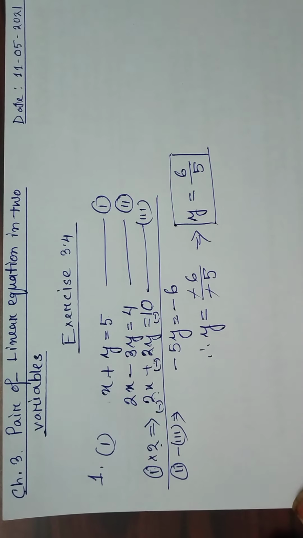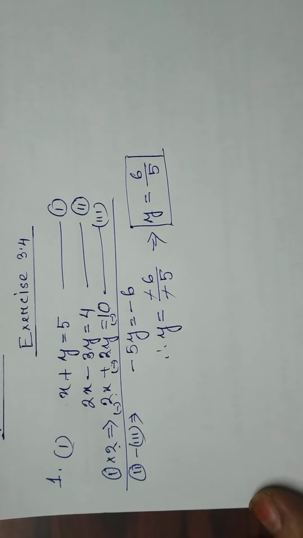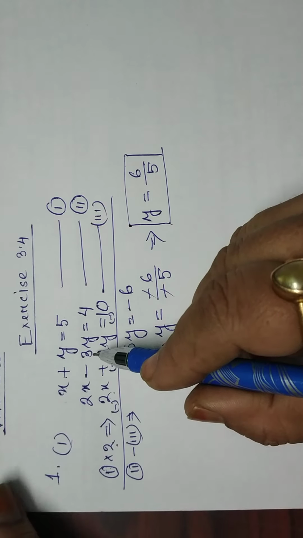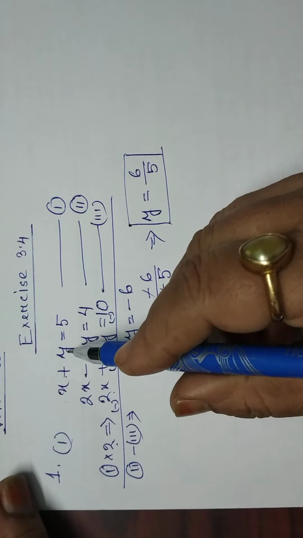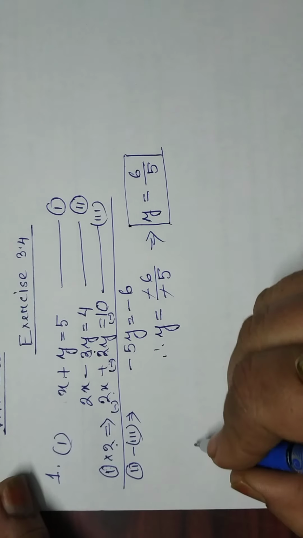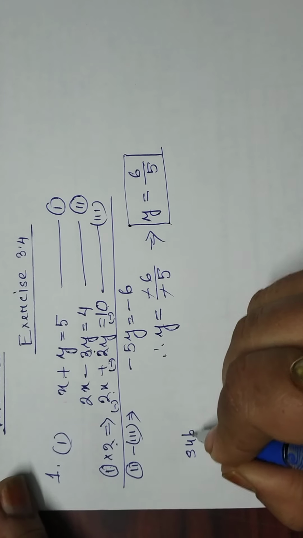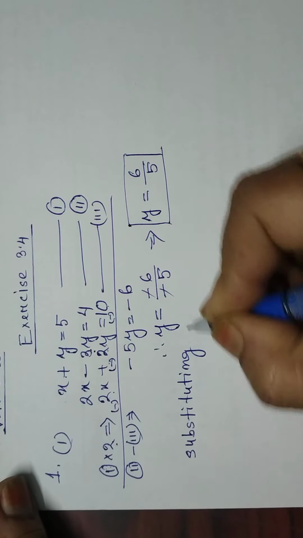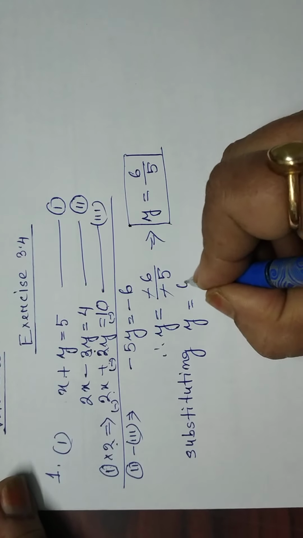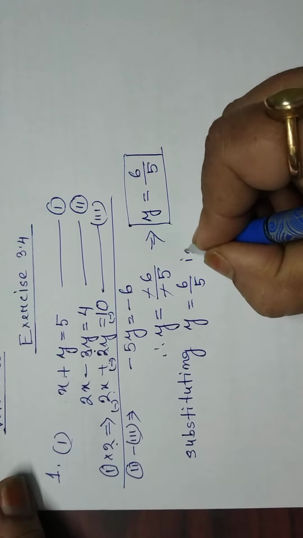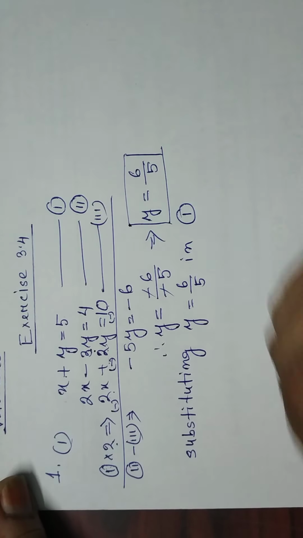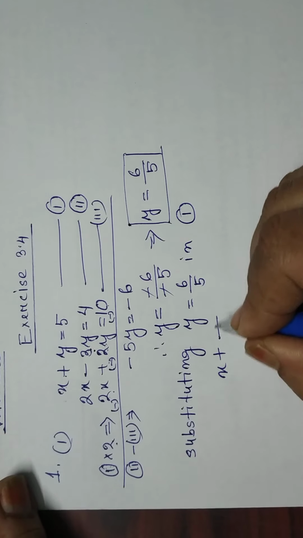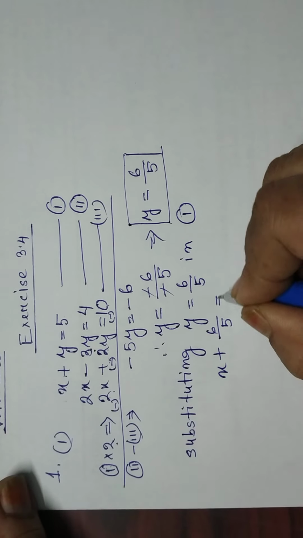Now we substitute this value of y in equation number 1. Substituting y equal to 6 by 5 in equation number 1, we get x plus 6 by 5 is equal to 5.